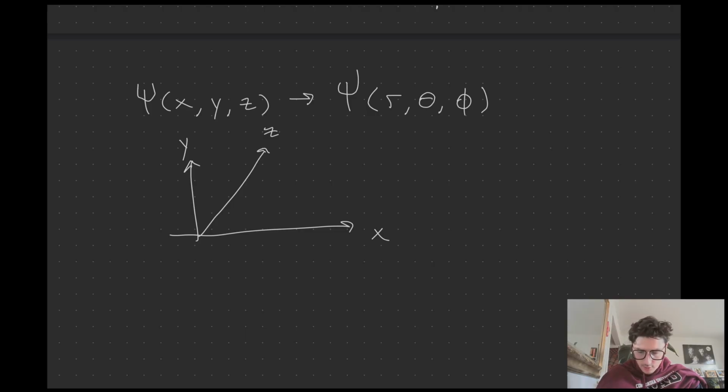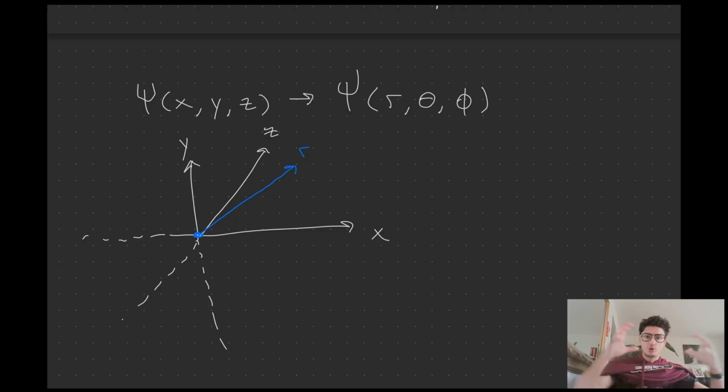Spherical coordinates go like this. So let me also draw the minus axes here. So starting from the origin, r is how far from the origin you go. So as you increase r, you literally just grow away from the origin. Nice.